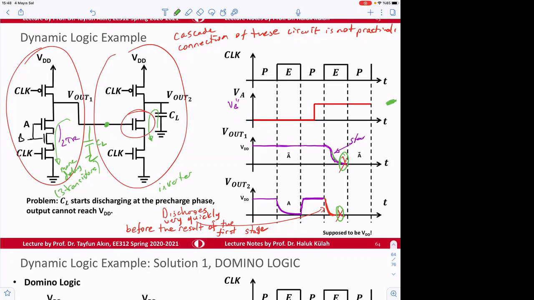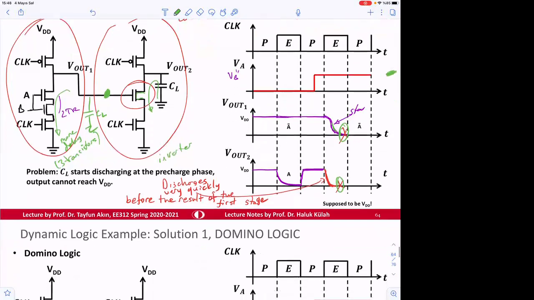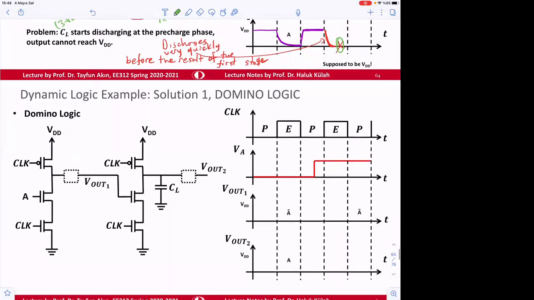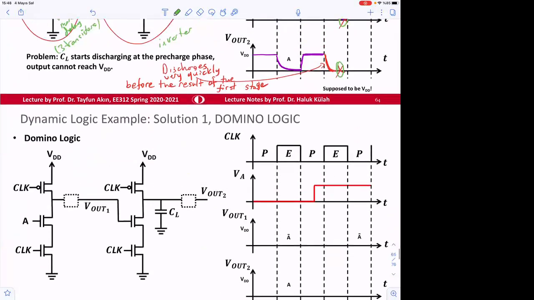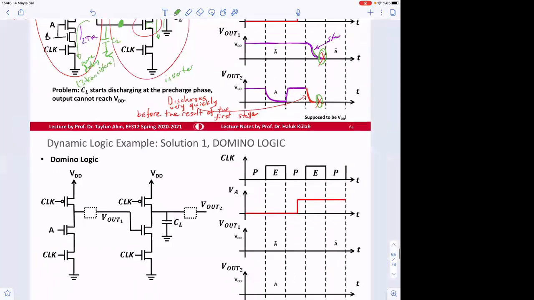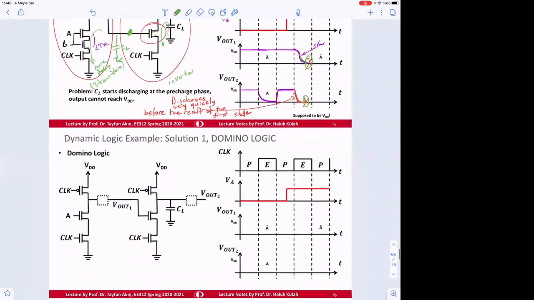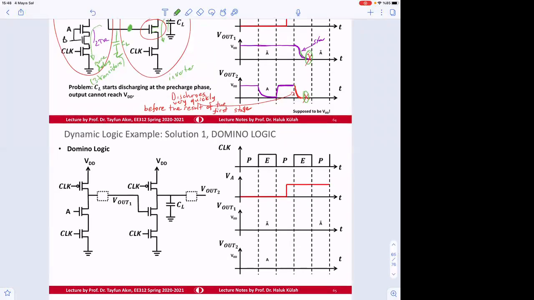So the reason for this problem is that the default value at this node is turning this on and discharging this transistor. So we don't like that. So we have to use something in here to prevent that problem.